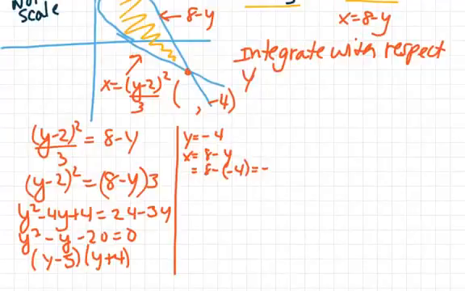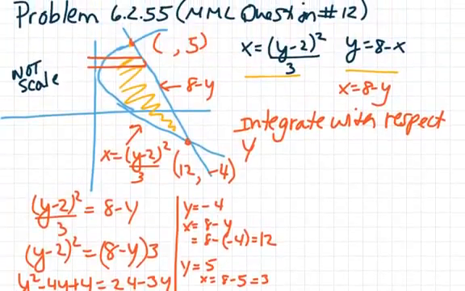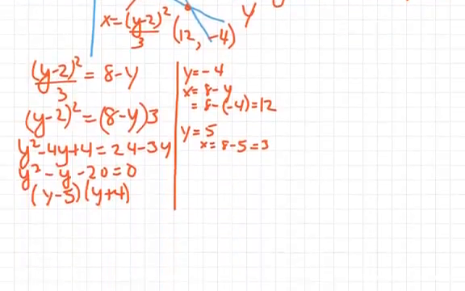So this point is 12, and substitute y equals 5 into this equation, and you get 3. So this is the point 3 comma 5, and that's the point 12 comma minus 4. Now you don't need the x components of the intersection points because we're going to integrate with respect to y.